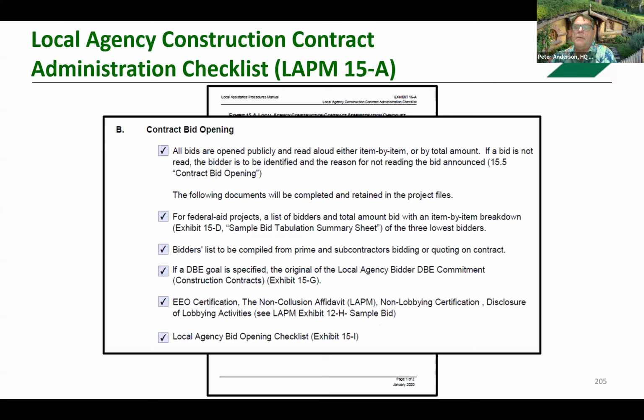Bidders' DBE commitment, EEO certification, non-collusion affidavit, non-lobbying certification, disclosure of lobbying activities, and local agency bid opening checklist. These are all things that need to be included for the bid opening.